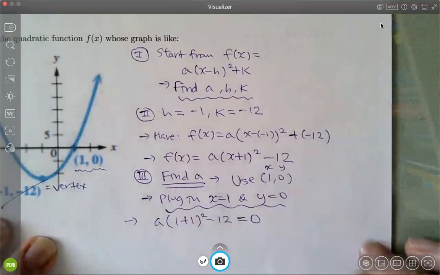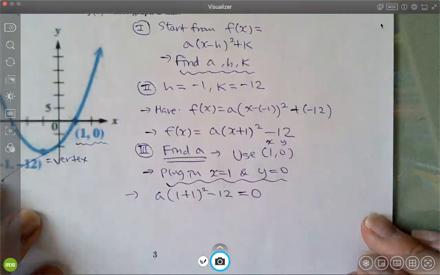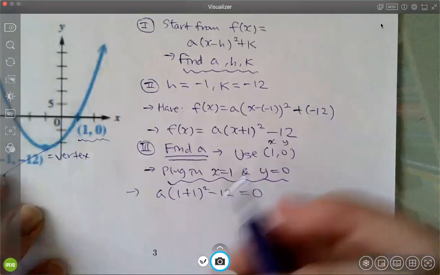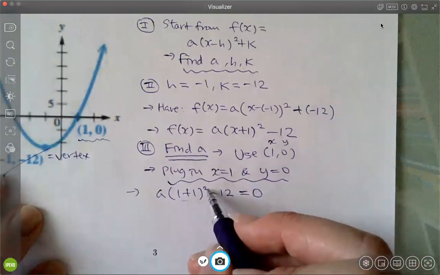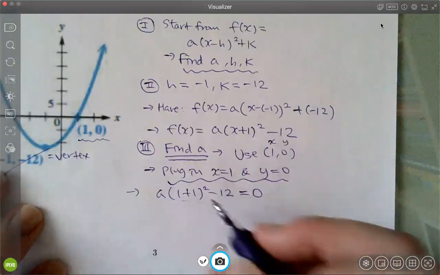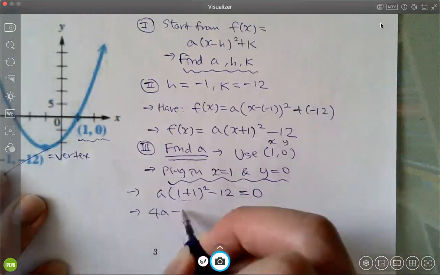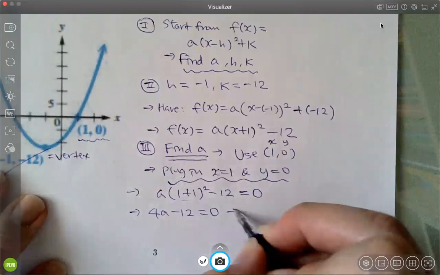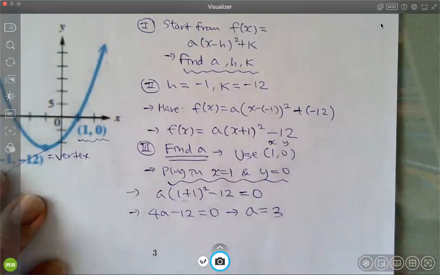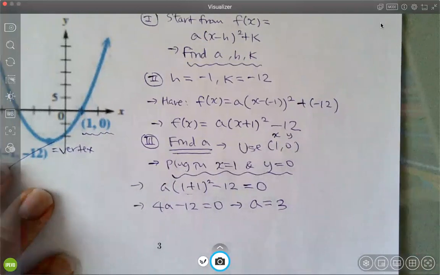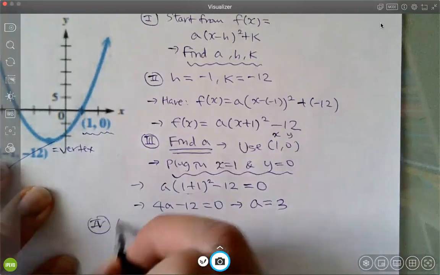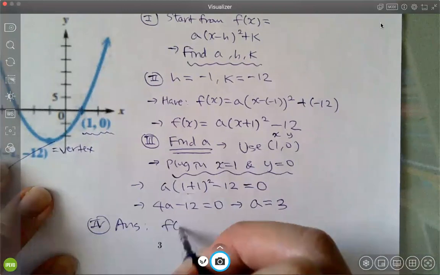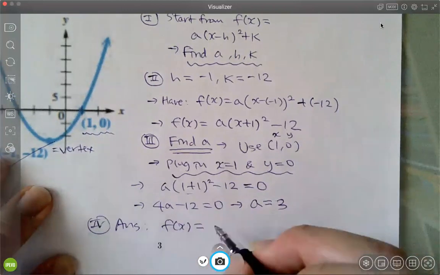So that's 2 squared, which is 4 times a minus 12 equals 0. So what is a equal to? 3, right? Okay, so what's the answer? The answer is f of x is equal to 3 times (x plus 1) squared minus 12.